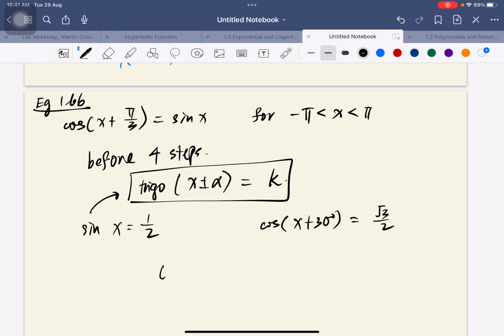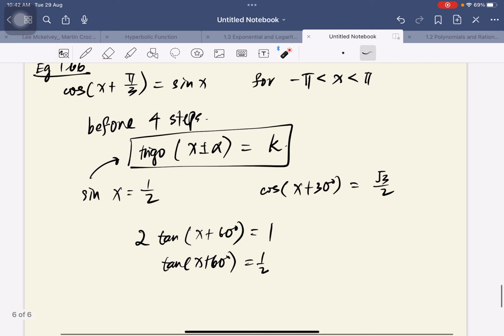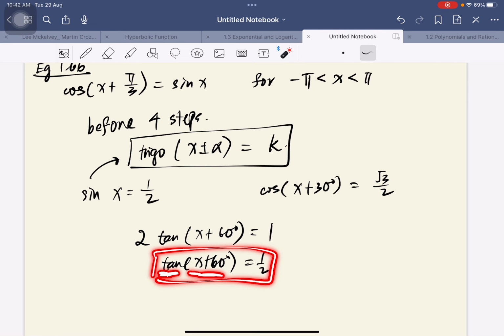Or tan(x + 60°) = 1, also in this manner. If there's a constant here, we will bring it to the other side: tan(x + 60°) = 1/2. We always try to make things in this manner before we do the 4 steps that I just mentioned.